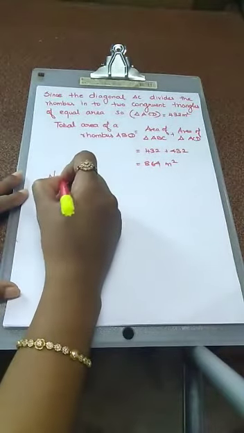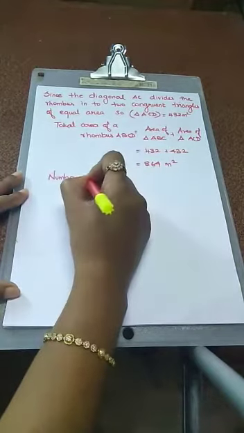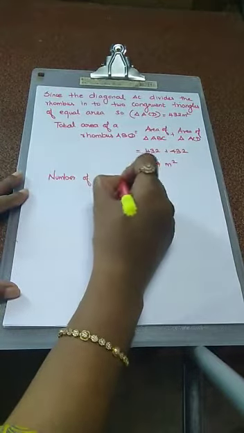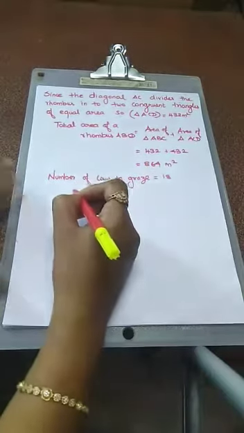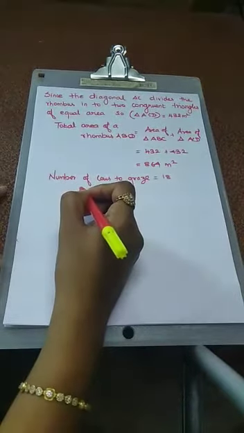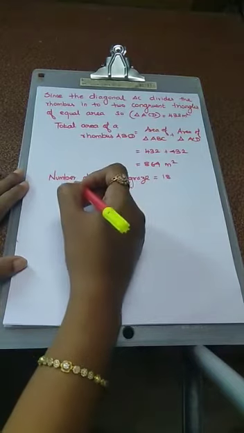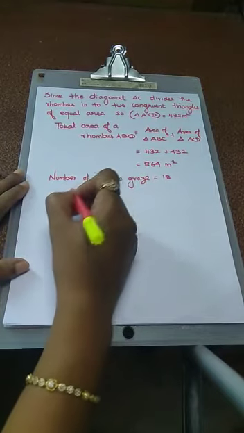What is the next value given? Number of cows to graze is given, that is 18. What is our final question? How much area of grass field will each cow be getting? That is our question.